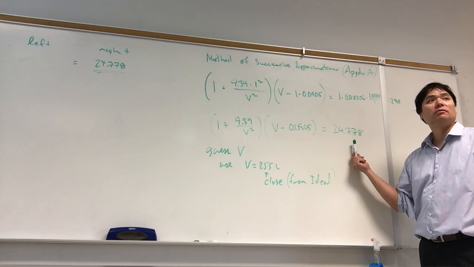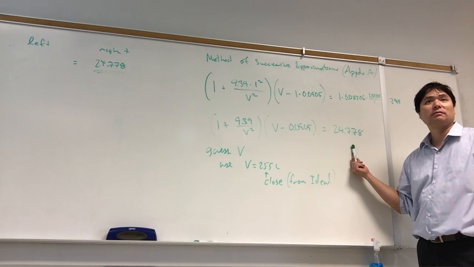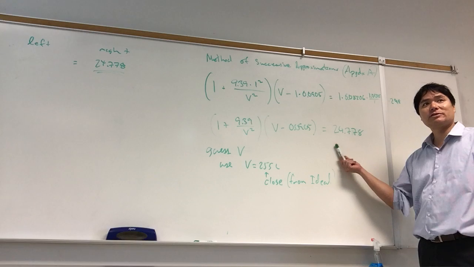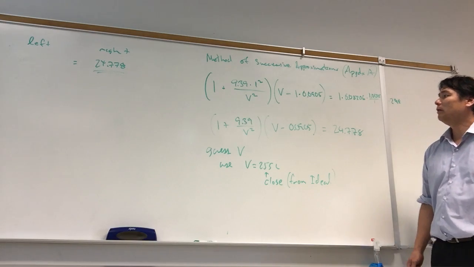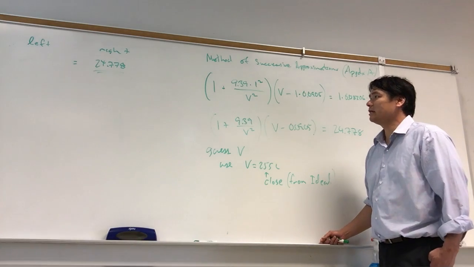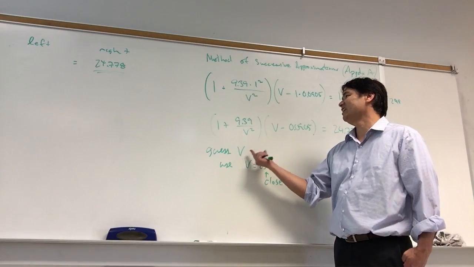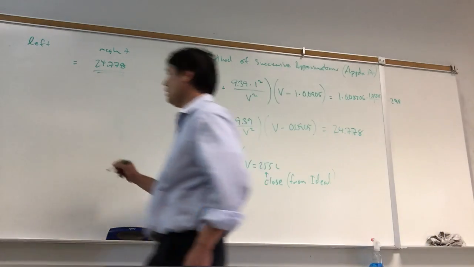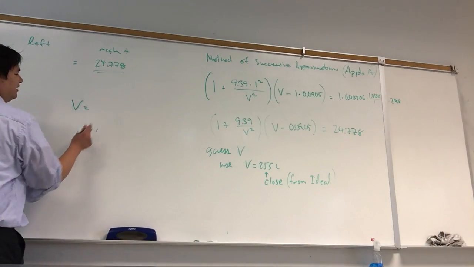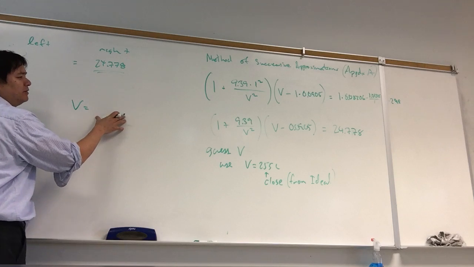Probably not. But when is close enough? When do you stop guessing? Where you would stop guessing is when your volume starts exceeding the number of sig figs you're allowed.